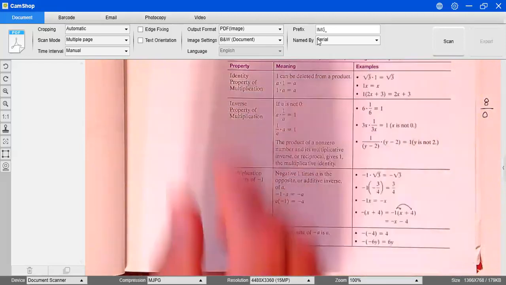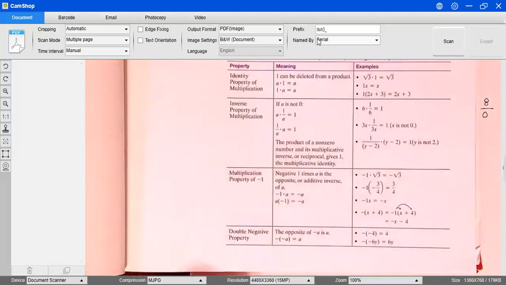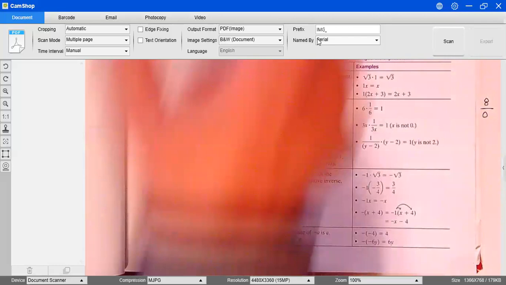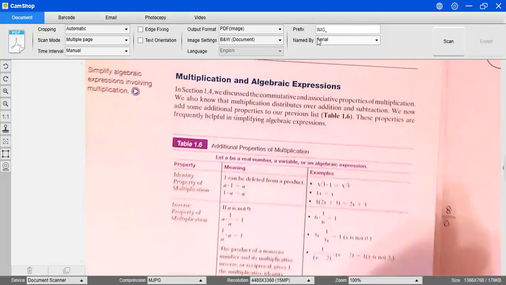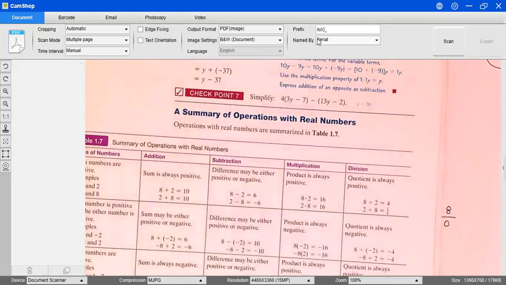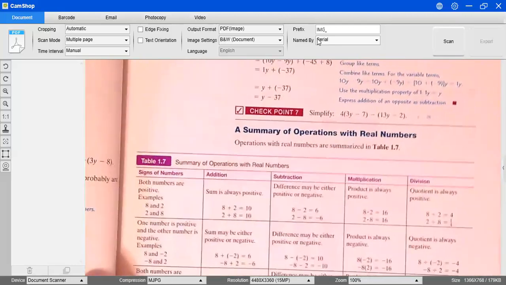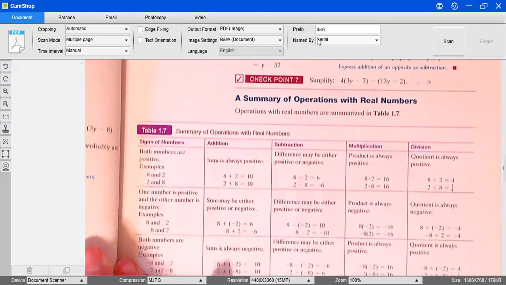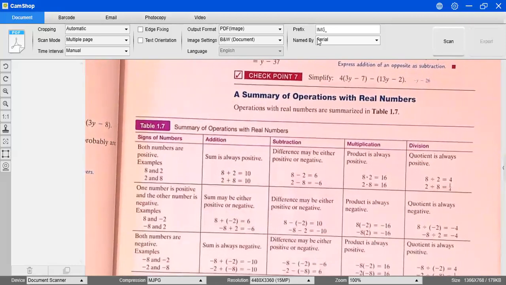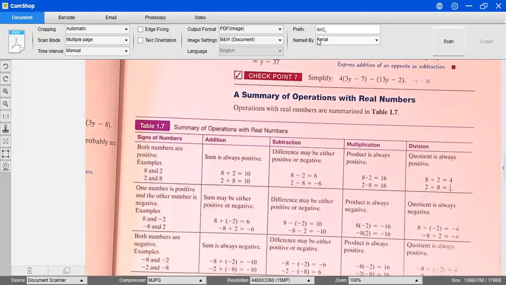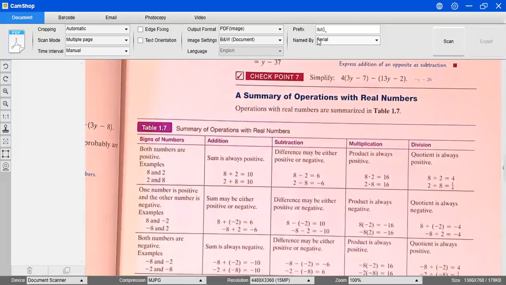This is on table 1.6 on page 79. There is another table summarizing all the operations that we cover in this chapter. We have the summary of the operations with real numbers.